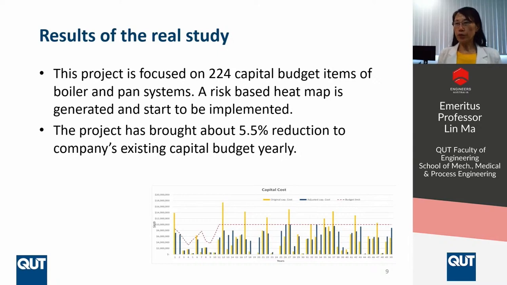Then the project focused on the 224 capital budget items. As a result, we could deliver a 5.5% reduction in the company's existing capital budget. Each company has a capital budget for the next few years.